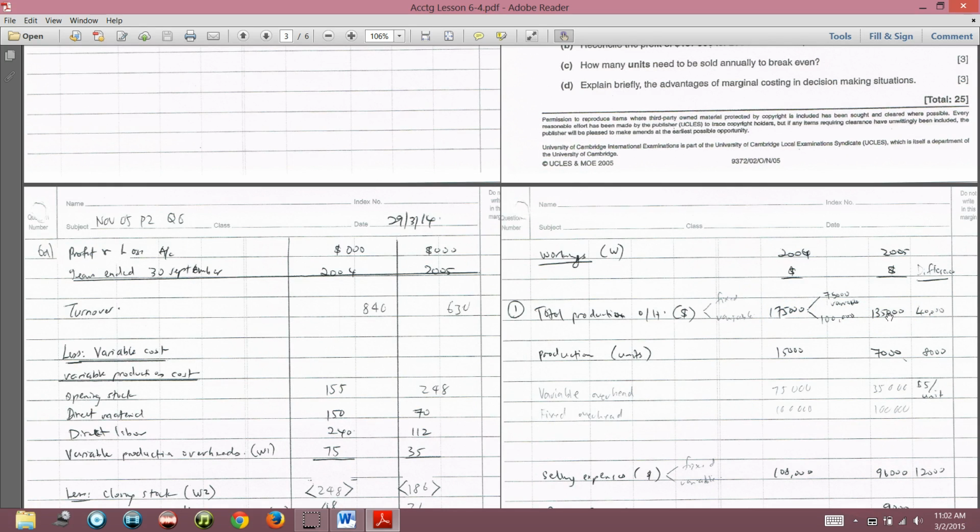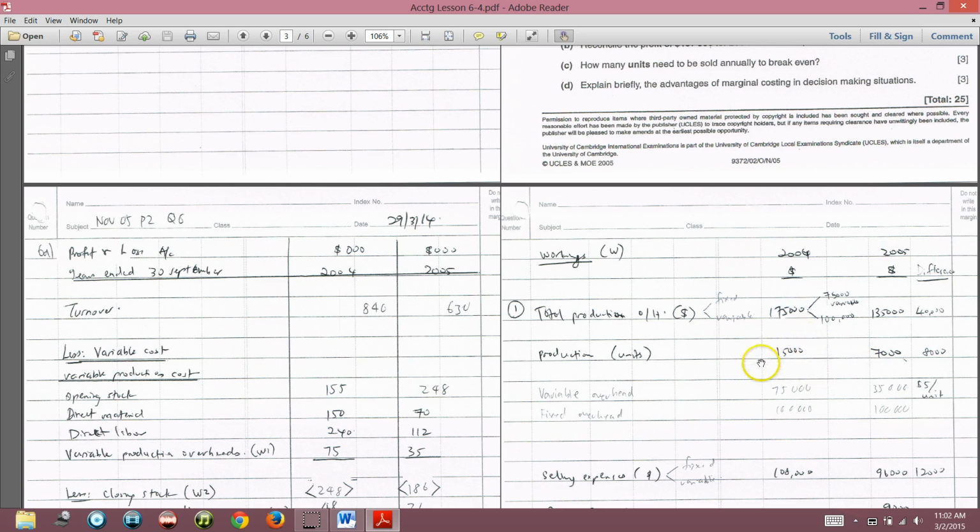Note one of the question says the variable element of production overhead varies with the number of units produced. And the production units is given to us in the question.